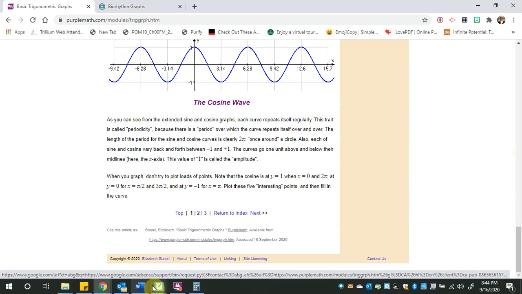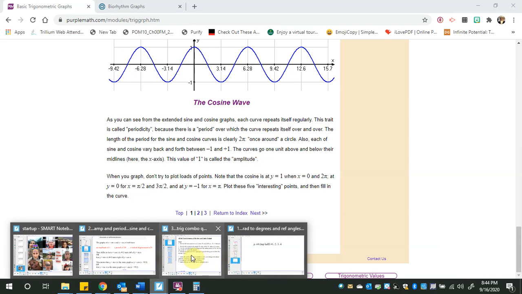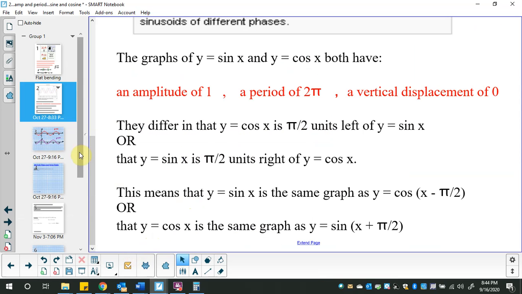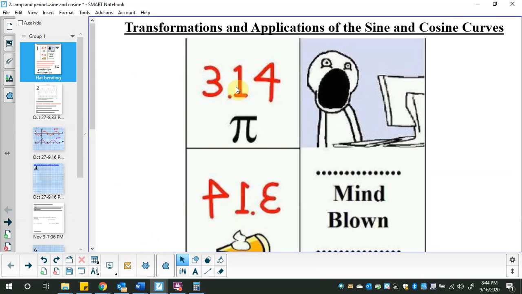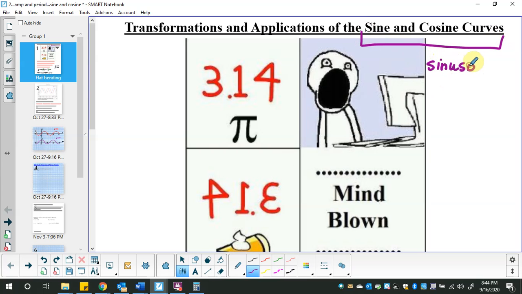Now before I forget, the title of this is sine and cosine curves, but there's another name for this, and that is, if you ever see the word sinusoidal, that just means a sine or cosine curve.